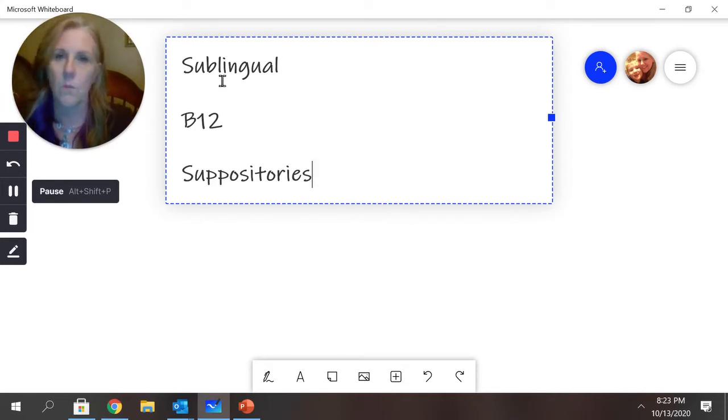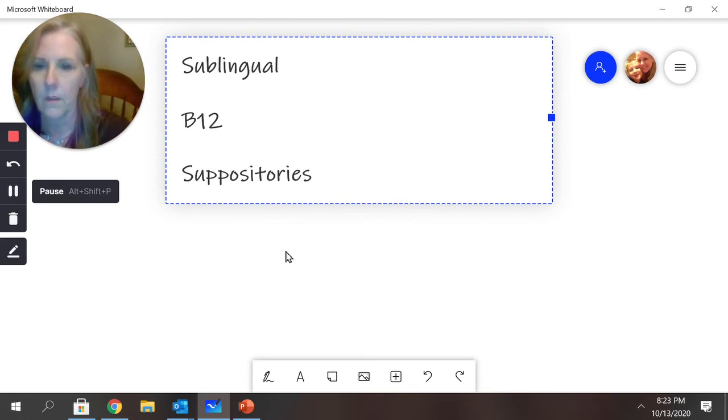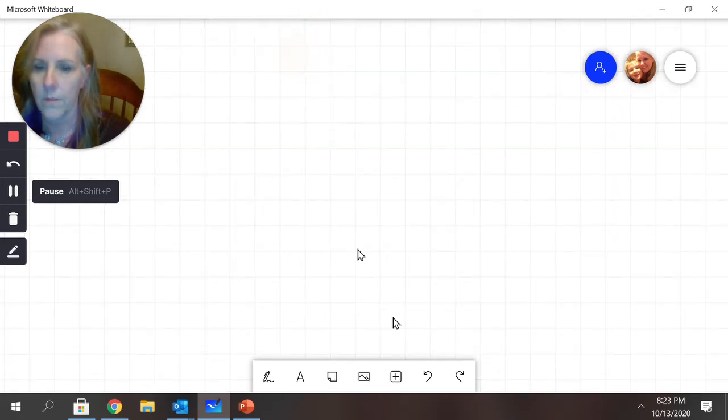If there's a reason why you can't swallow a pill, an easier way to get the medicine into the bloodstream would be as a suppository. So that's what that is, and it's relying on the mucous membrane for that absorption.